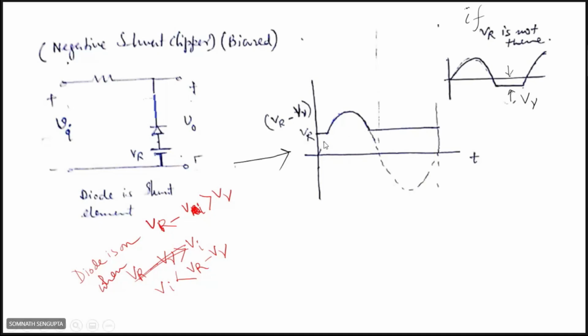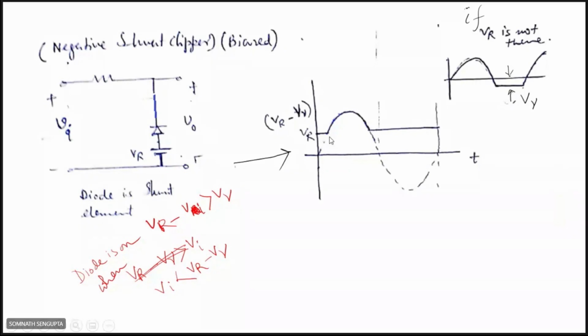Here it will be a different characteristic. Here is my battery negative. Then you are right, negative direction clipping. If VR is negative, the battery is inverted. Anode becomes negative, cathode becomes positive.